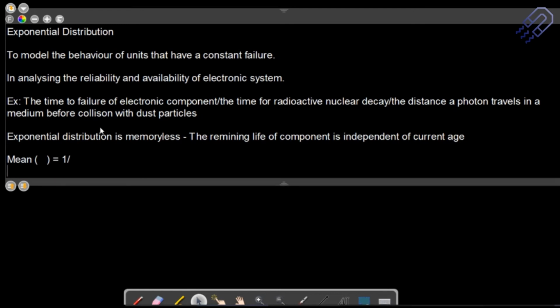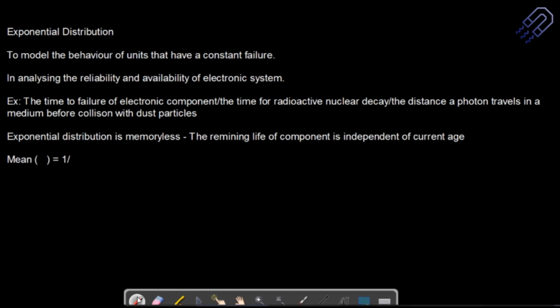But what exactly do I mean by mean? Let me just take the pen here. So this mean is usually denoted by mu, and this is 1 divided by lambda, okay. So if mean is this, you can also find out the standard deviation. But interestingly, in this particular case, this mean is equal to the standard deviation, and standard deviation is usually denoted as sigma.